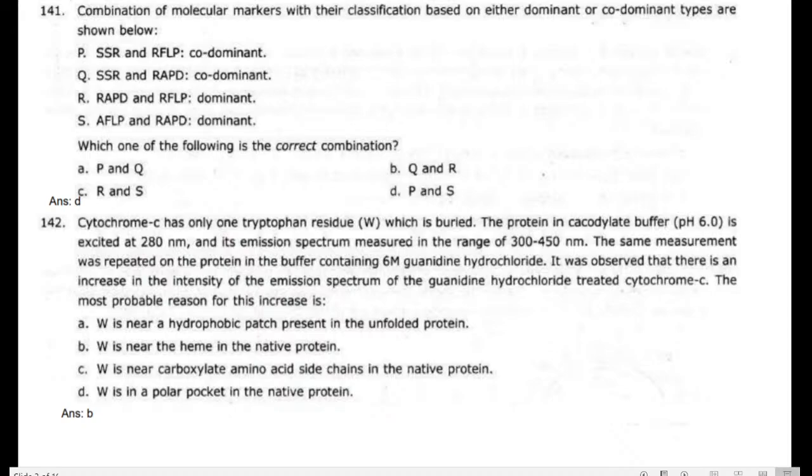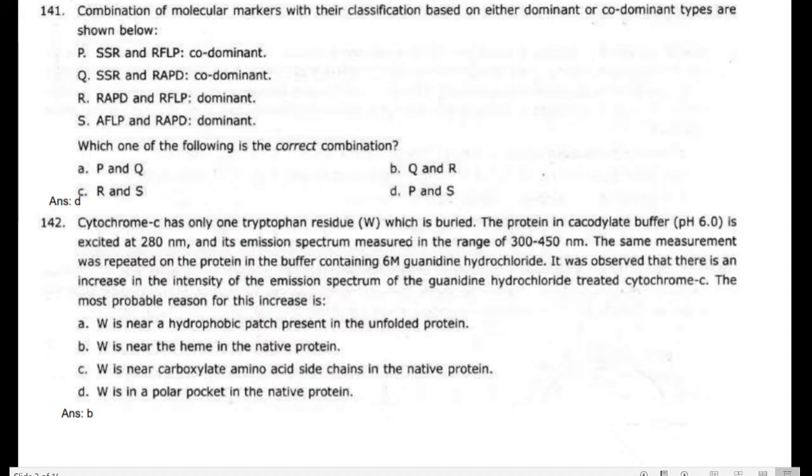In RFLP, they find the variations in the DNA sequence with restriction enzymes, so they can create a map.